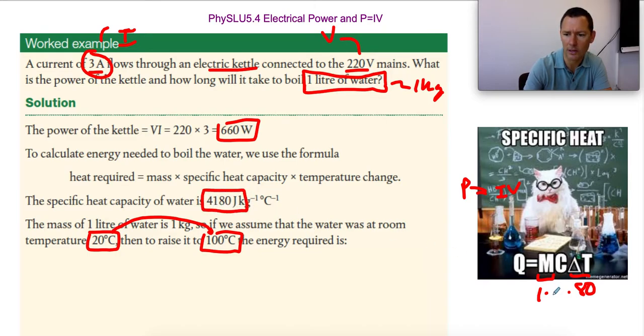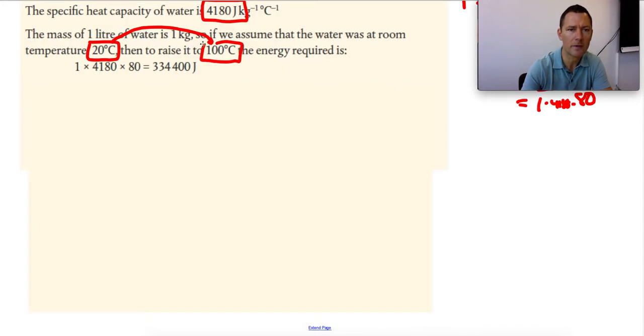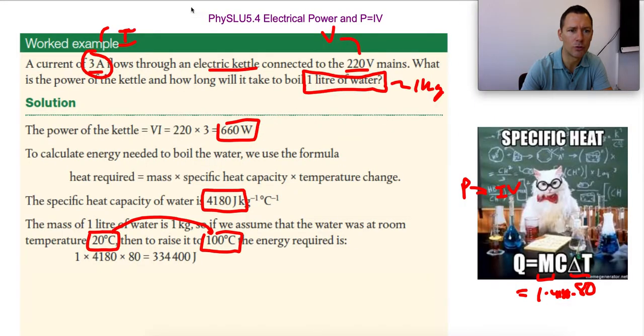The mass of 1 liter of water is 1 kilogram, and specific heat is this. Right? You can look that up, or they give that to you in a formula booklet, or they give it to you on an exam if they ask this. Might be a standard question. So you could multiply those together and get the amount of joules, this many joules of energy to boil the water. And so this is 334,400 joules of energy.